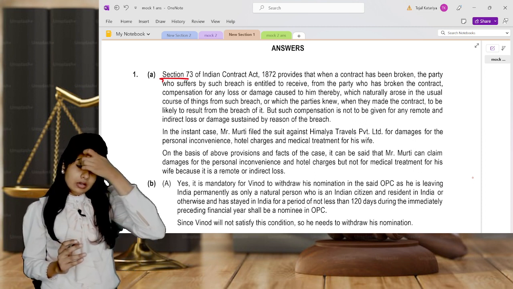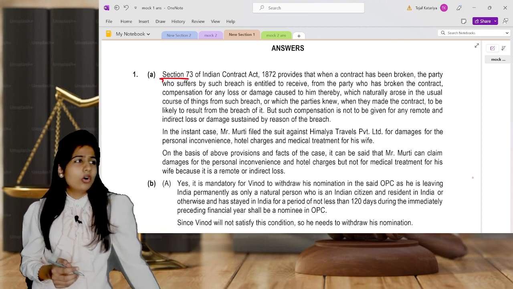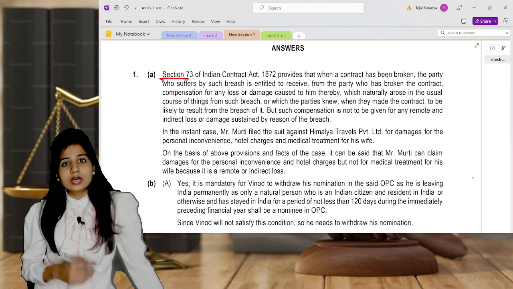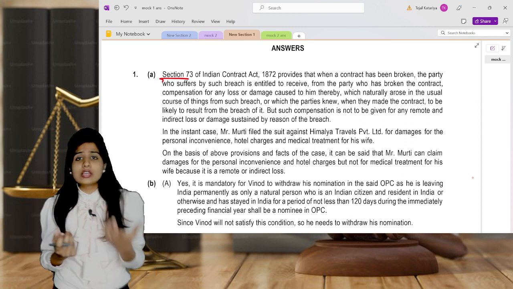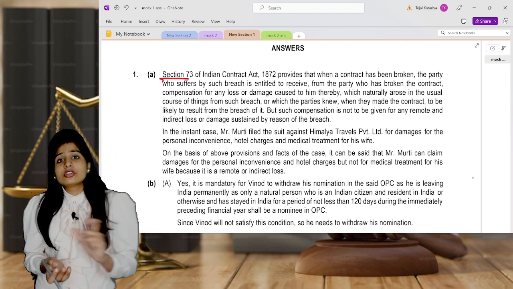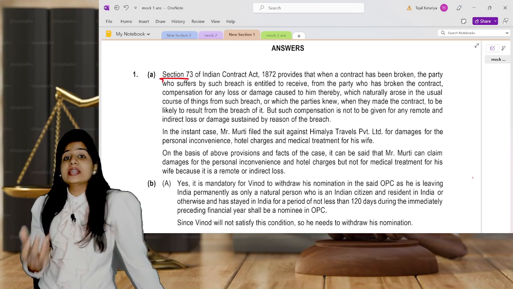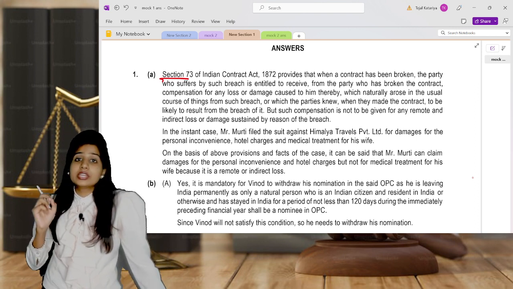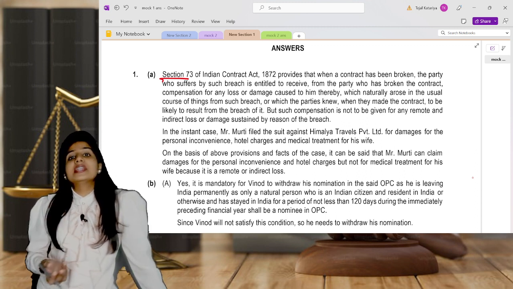So first of all, if you guys remember, when it comes to ordinary damages and special damages, ordinary damages are those damages which you used to get in the natural course of business, or which are not because of indirect loss. And special damages are where you get those damages because you have suffered some indirect loss.